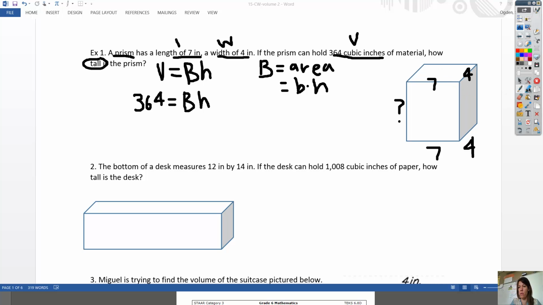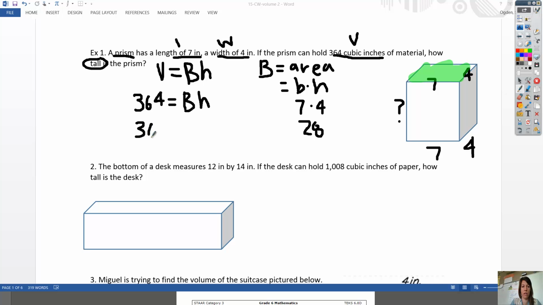Because it was labeled, I'll use this side since I have its dimensions. My base is 7 and my height is 4. 7 times 4 is 28, so my big B is 28.